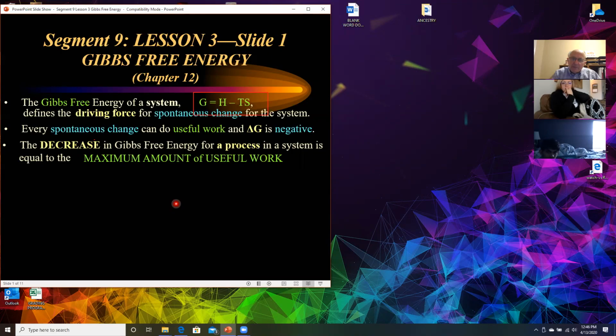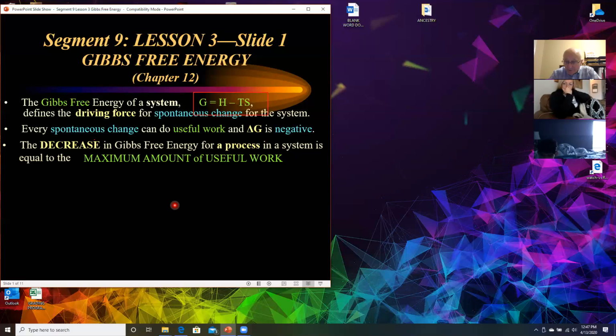And if you have that system in a closed container at constant volume, then no work gets done. But if you do the same process out in the lab with your Bunsen burner, work gets done. It's that PV work of expanding against the atmosphere or contracting, depending on the sign of the volume change. But if you carry out the process at constant volume, it does no work at all.